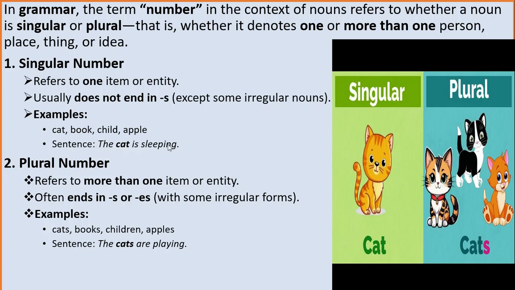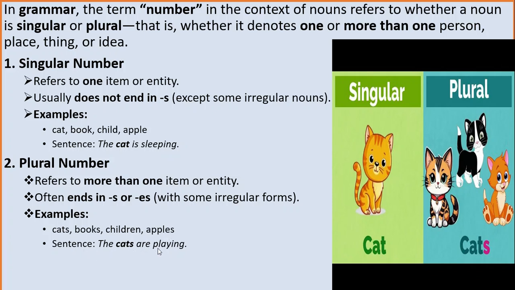The cat is sleeping. Now, plural number refers to more than one item or entity. Often it ends in s or es, with some irregular forms. For example, cats, books, children, apples.